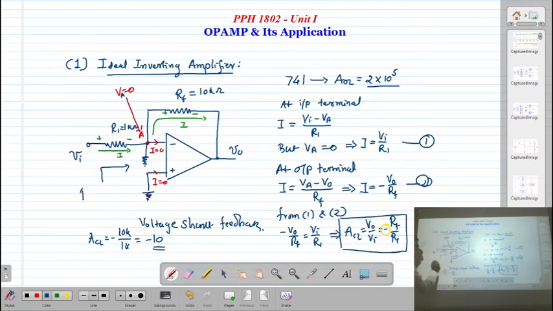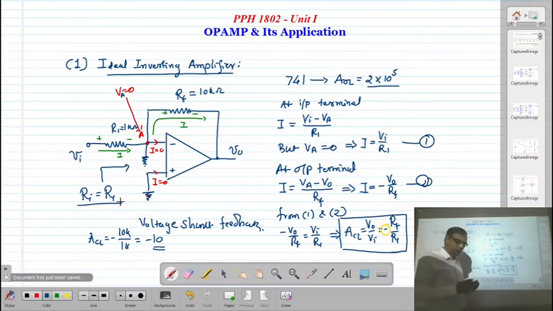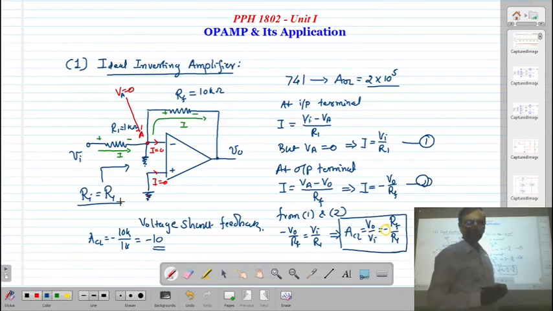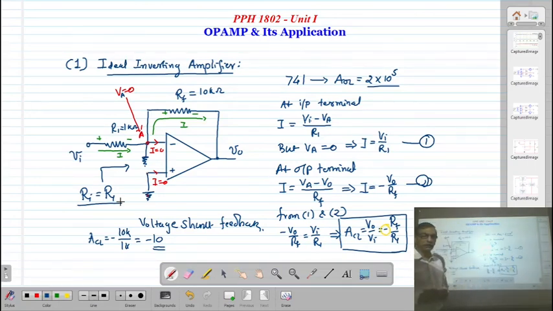Only R1. So the input resistance of the amplifier will be equal to R1. Normally if you keep this 1 kilo ohm, then there will be a small input resistance. But if you do not want any loading of your source, then you have to keep this input resistance high, 10 kilo or 20 kilo.